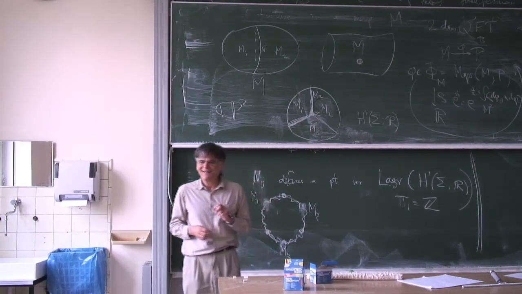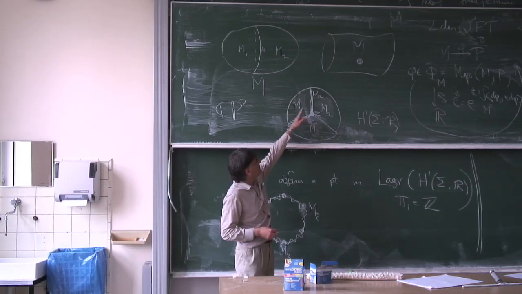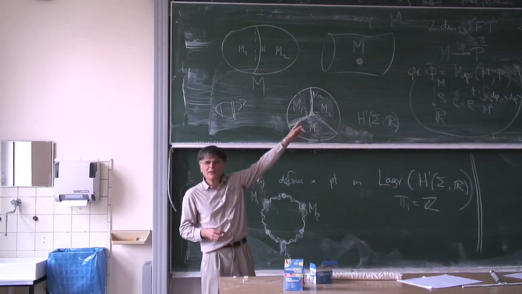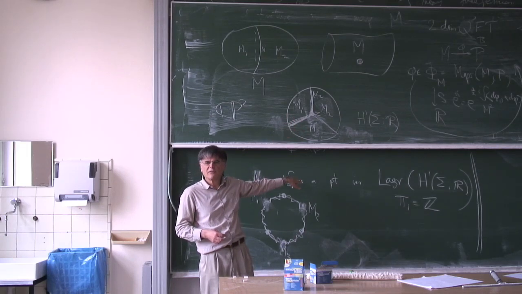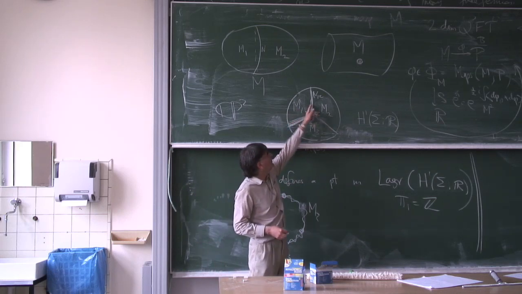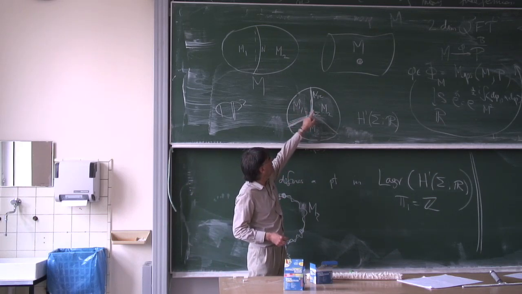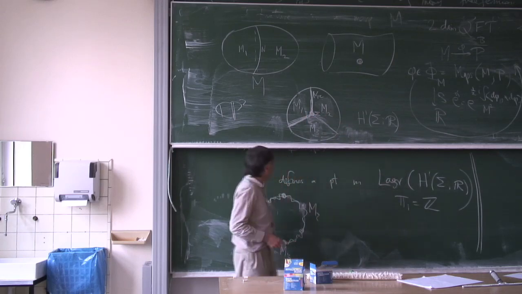Can you formulate this again? Well, we're in this situation. Why don't I try and say it in the field theory way? In this particular situation, if we have three manifolds with a surface boundary, we get 3 points in this Lagrangian submanifold.